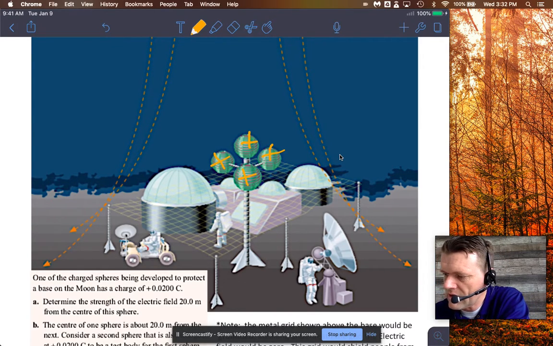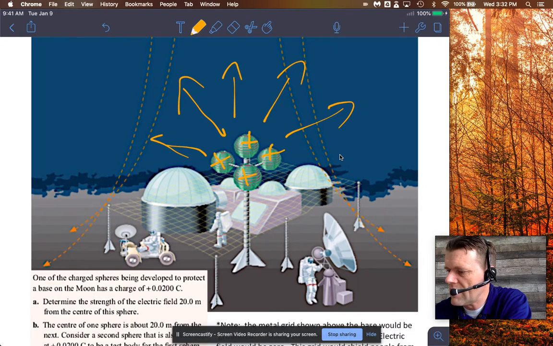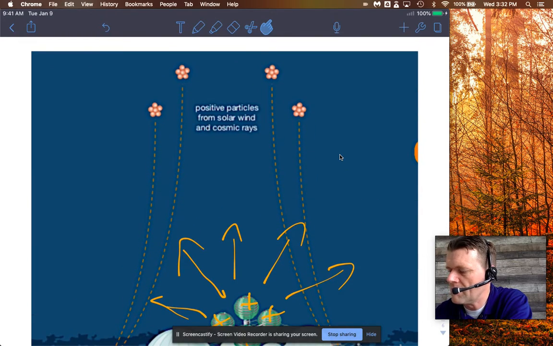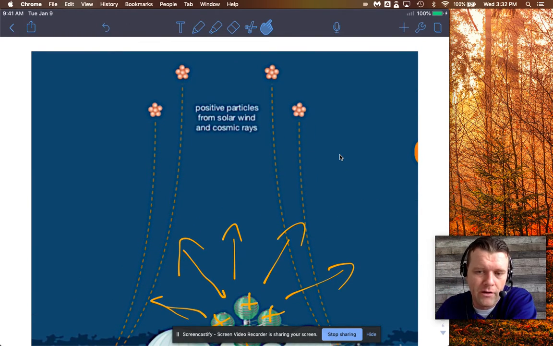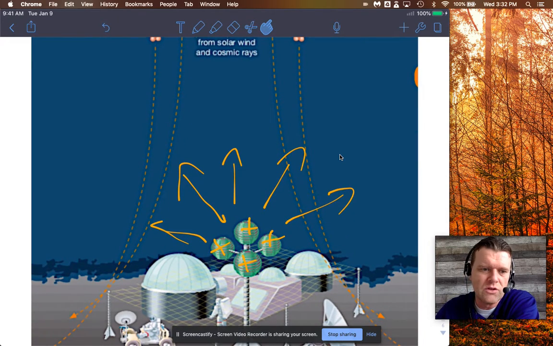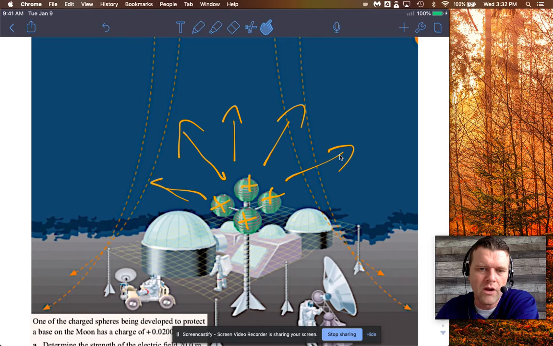They're going to basically generate a huge electric field like this, okay, such that any charged particles that come near it that are positive are going to be repelled just by electrostatic repulsion. They're going to get pushed away, and so you can see they are shielded away from those spheres. Now, there's a clever trick that you have to do though, and that is this grid.